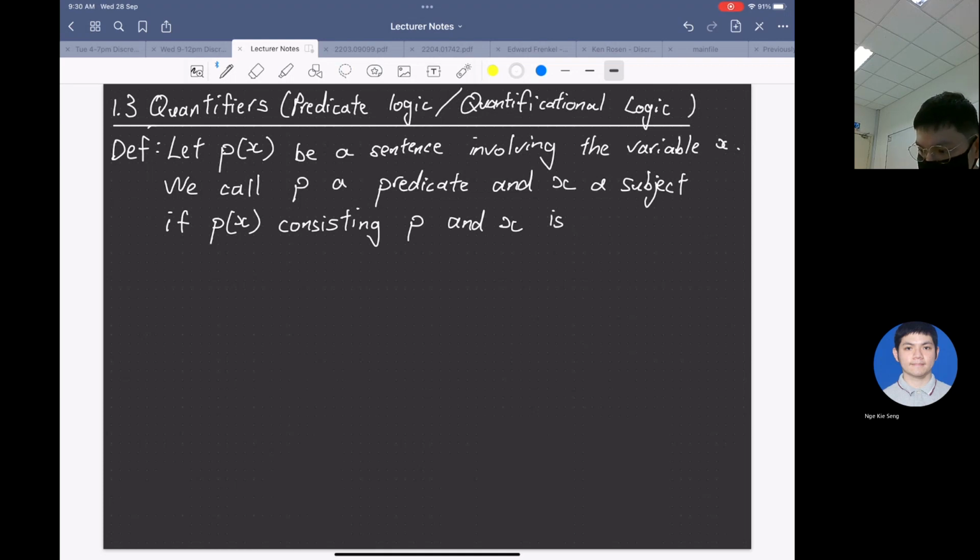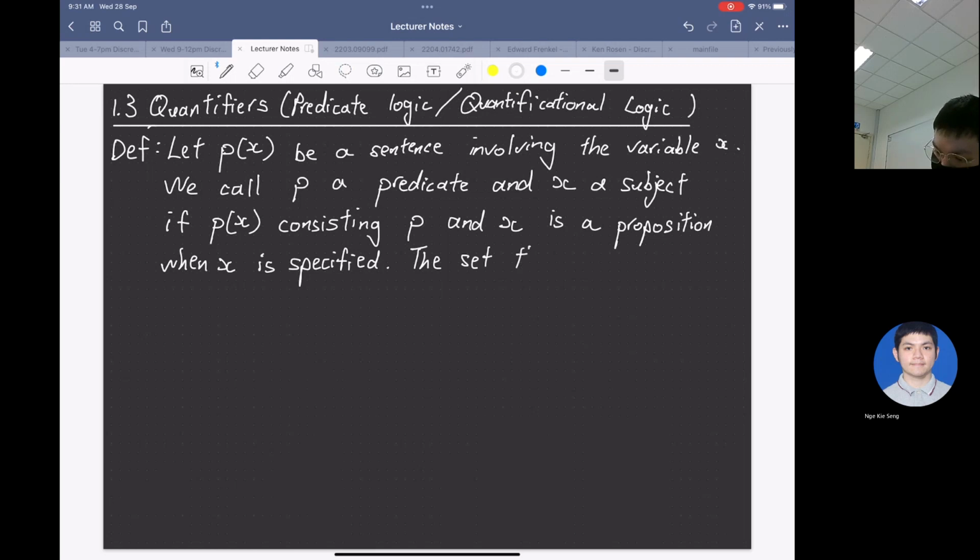So P is the predicate, x is the subject, and we also want this P(x) to actually be a proposition. We can say that it is true or false when x is specified. We will see in a minute what this means. And then there is the set that x lives in.